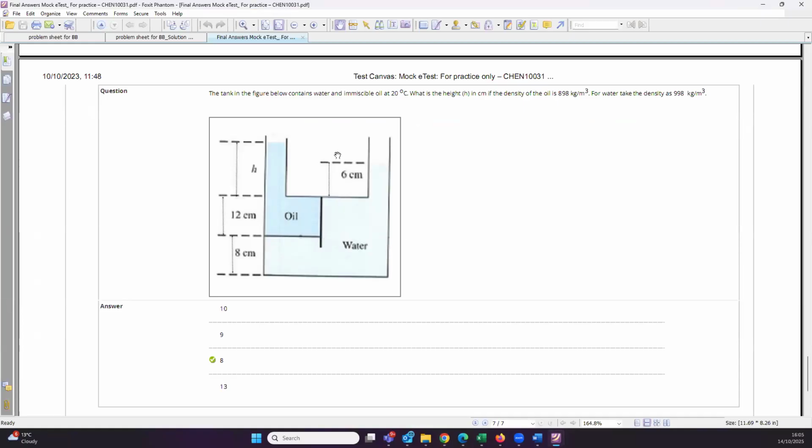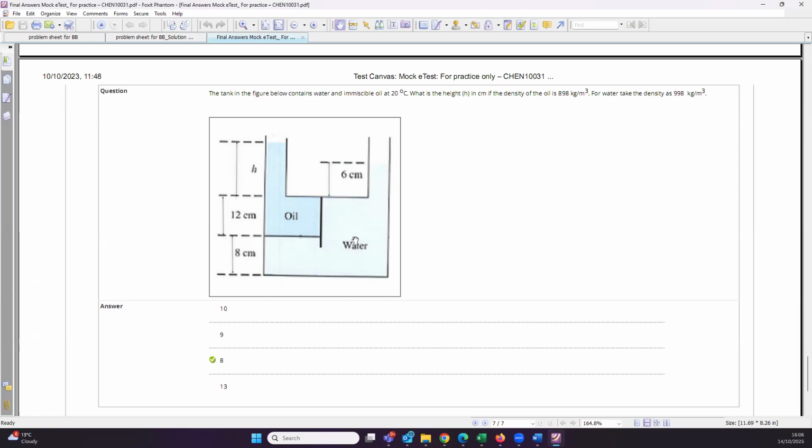We know this height is 6, and based on this side, we know this height is 12. From this point, the pressure will be rho of oil g times h plus 0.12.